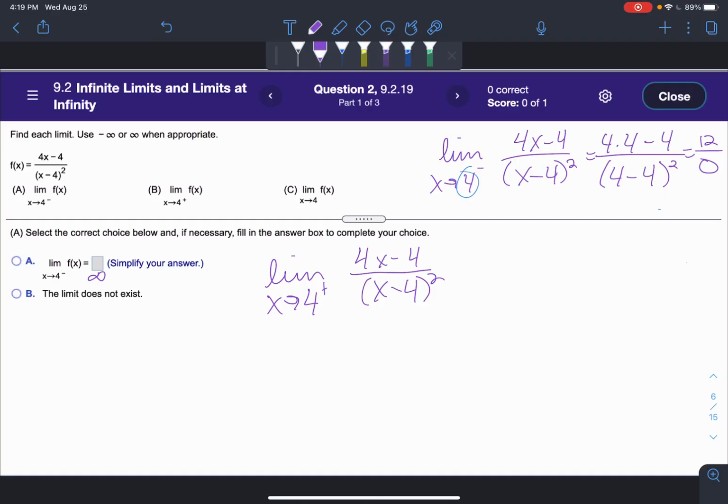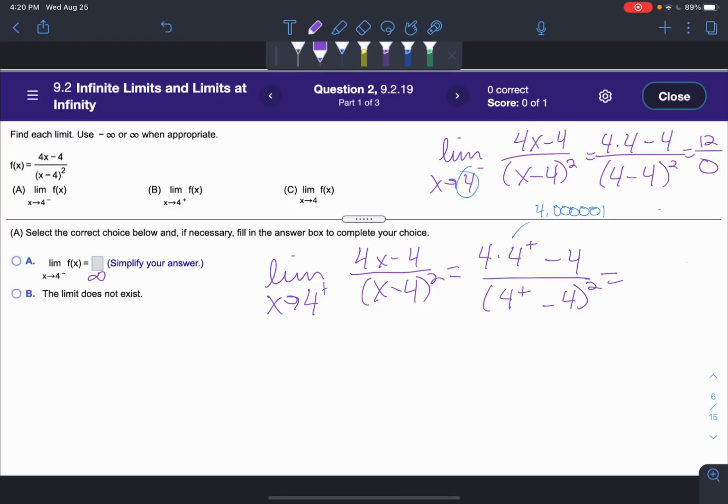But I can now write 4 times 4 plus, and this symbolizes a number like 4.000001, very close to 4, and then minus 4. And then again, down here, I'm going to put my 4 plus, and then minus 4. So 4 plus, that's not an actual number. We're just speaking conceptually, but it's there to remind you that it's not exactly 4, so we don't encounter this divide by 0 issue.